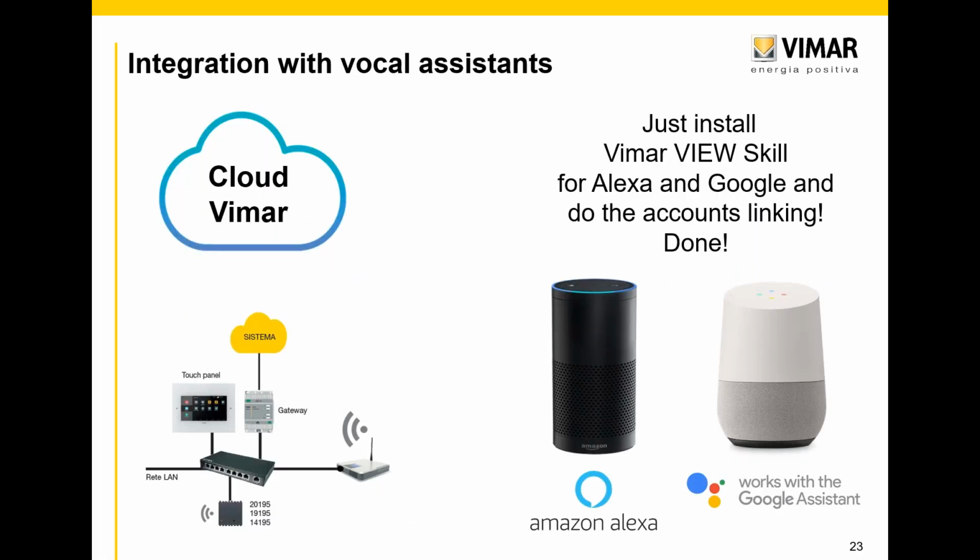So integration, I already anticipated to you with the cloud, and also with the Alexa and the Google Home. You have basically nothing to configure or add in terms of hardware interface. Just connect the vocal assistance to the same network, so the home network, Wi-Fi, and then do the account linking into the Alexa app or Google Assistant.